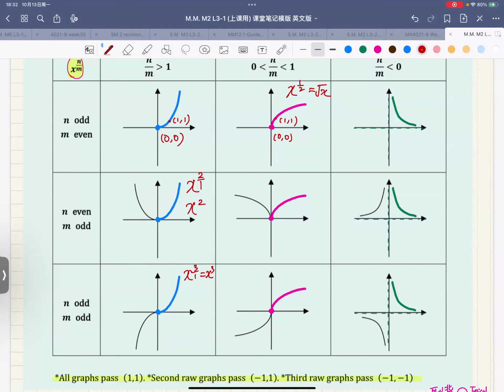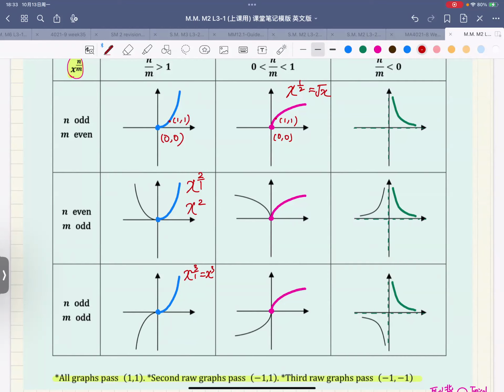Basically, it's symmetric about the y-axis. For the last row, same, blue, blue, blue, same, pink, pink, pink, same, green, green, green, but it's centrally symmetric. So basically, we rotate 180 degrees about the origin to get the second half of the graph. That's how I memorize this.